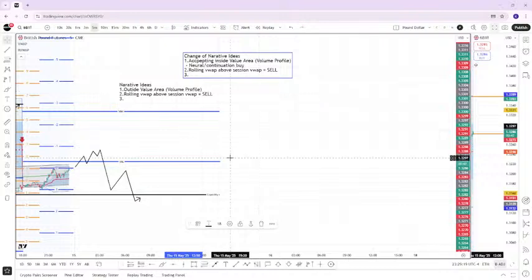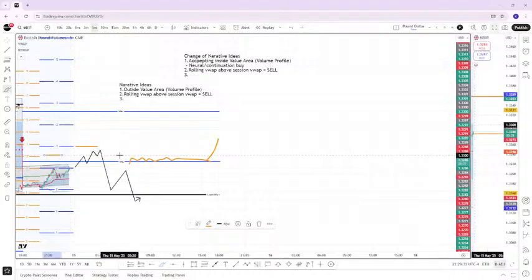I want it to push further in, and then let me show you. If it pushes further in past these levels and gets a retracement in the time period that I'm looking for entries, I'll go long to the other side of value.